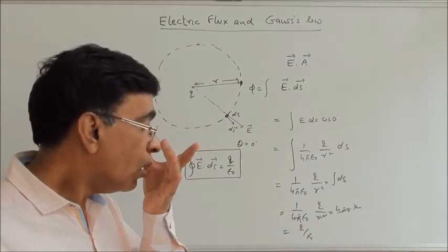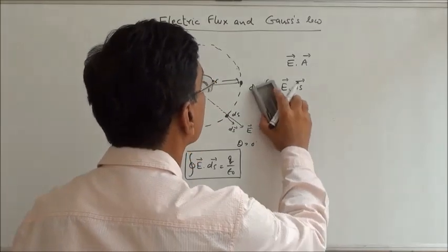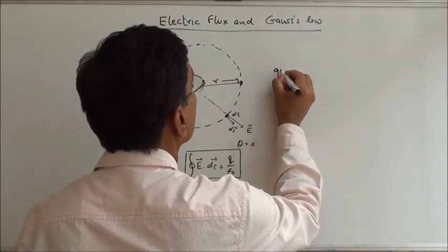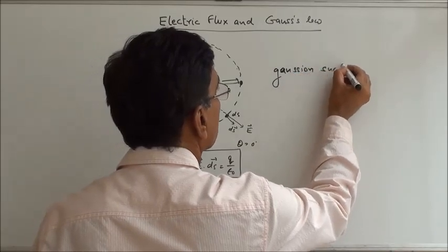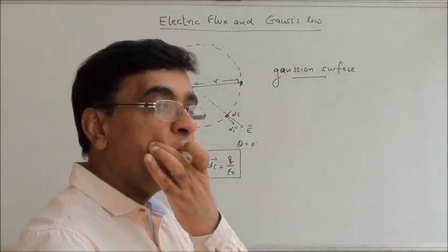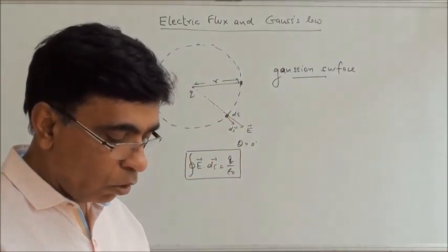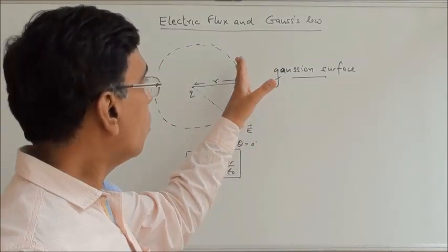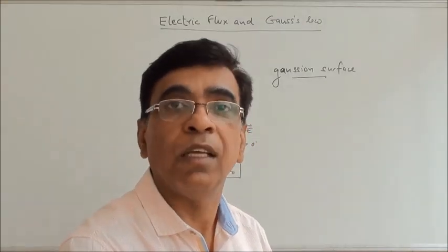And one more very important point: we have applied it on a surface, and this surface we call the Gaussian surface. Whenever we have to find the electric field, I am telling you a general way to calculate it. We have to draw a surface, called a Gaussian surface, and we are free to choose any surface.